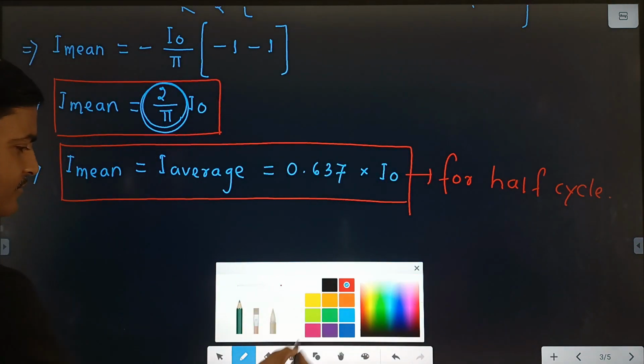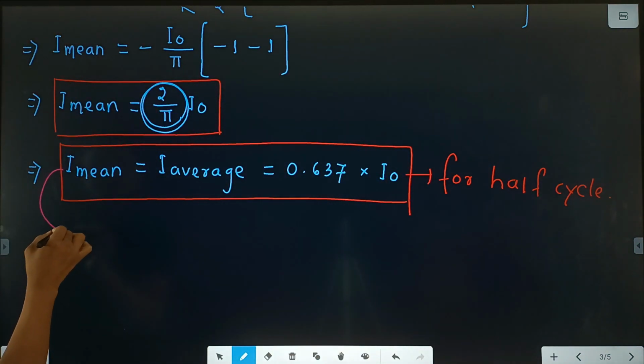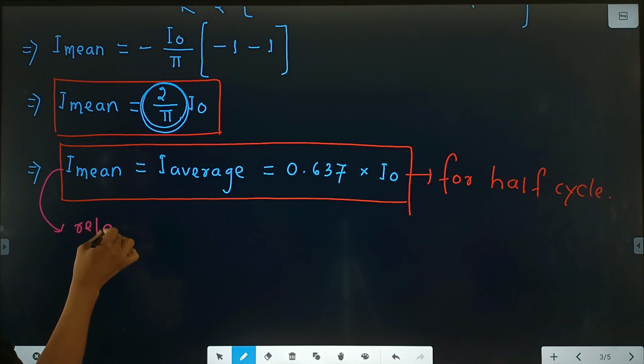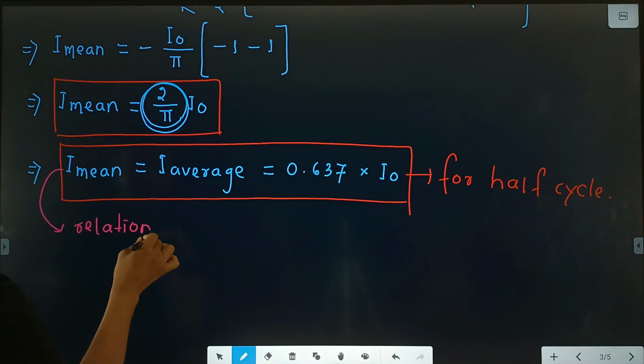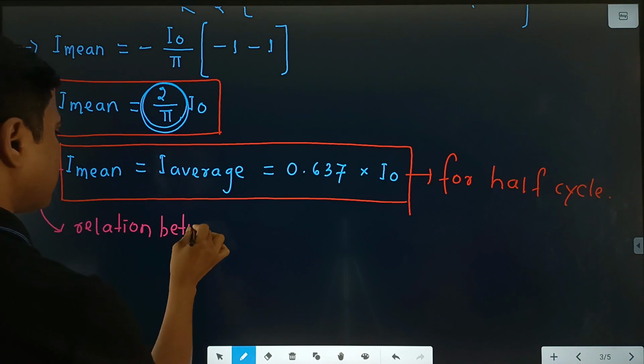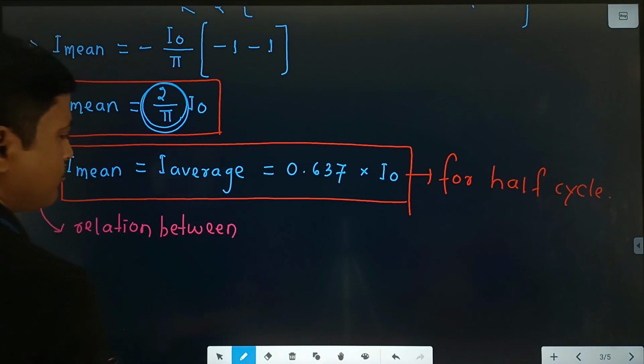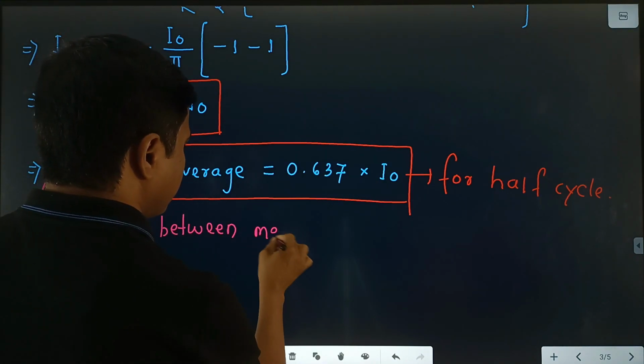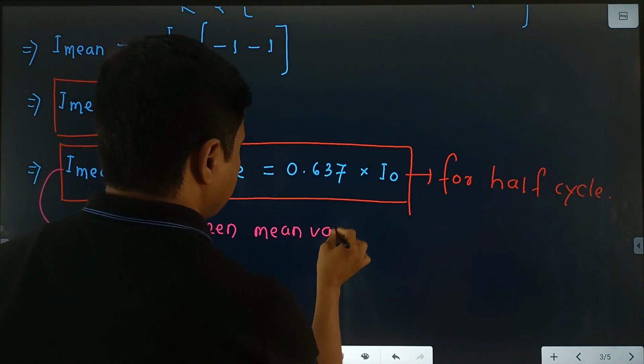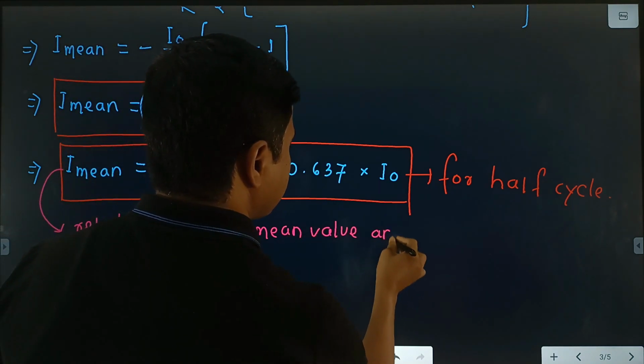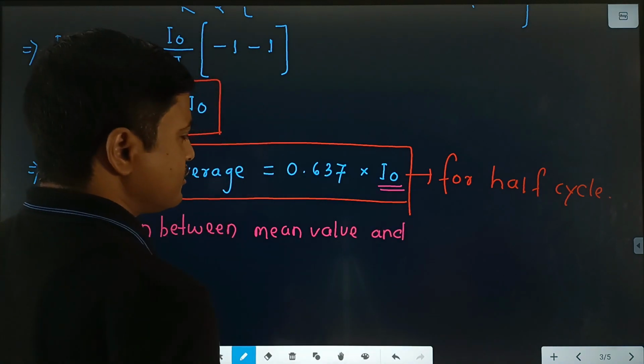This is also the relation between the mean value and I0, which is the peak value.